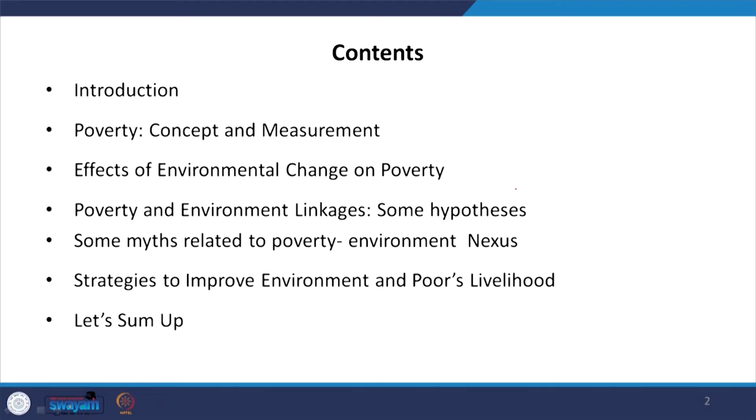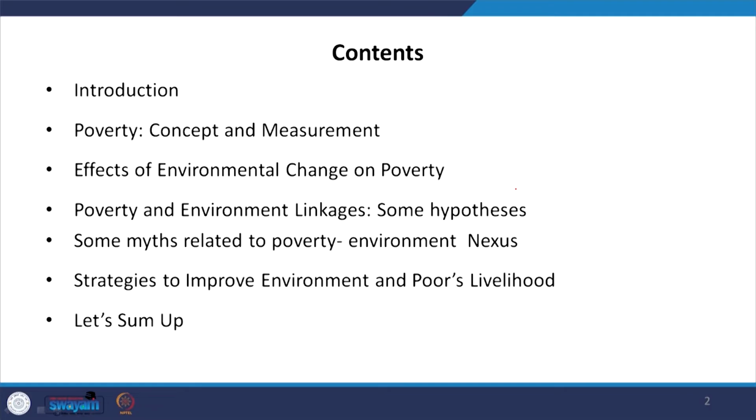Apart from introduction of the lecture, you will study about the concept of poverty, what is poverty, how it is measured, and then you will study about the effects of environmental changes on poverty. Changes may be in a positive direction or changes may be in a negative direction.